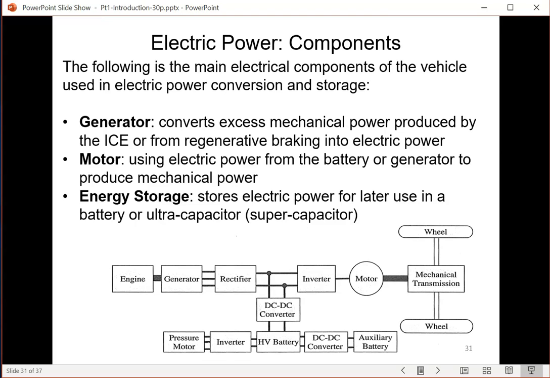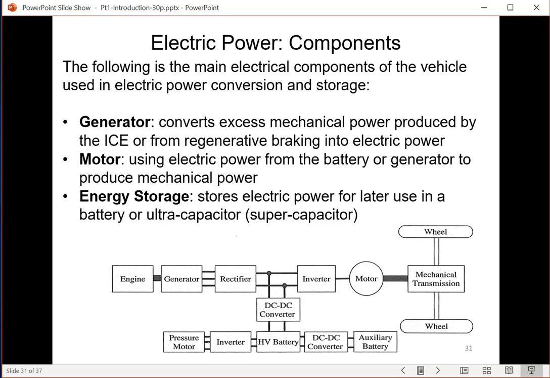When it converts electrical power to mechanical power, it is working in the motoring mode. When it produces electrical power from mechanical power, it is working in the generating mode.